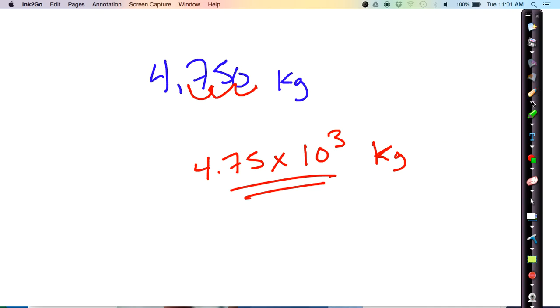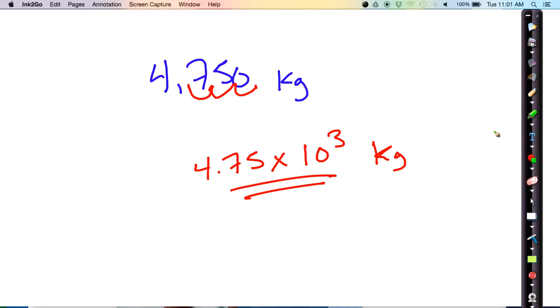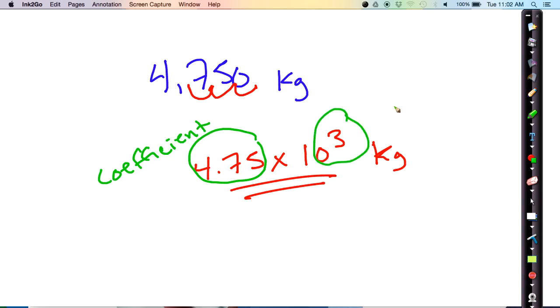It is important to point out that proper scientific notation must include a number between 1 and 10. We call this a coefficient. And then a power of 10 here, which we call an exponent.